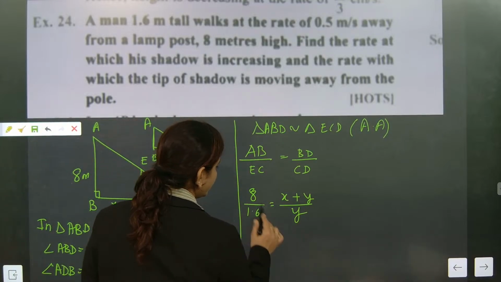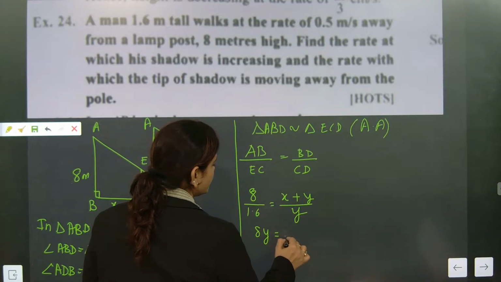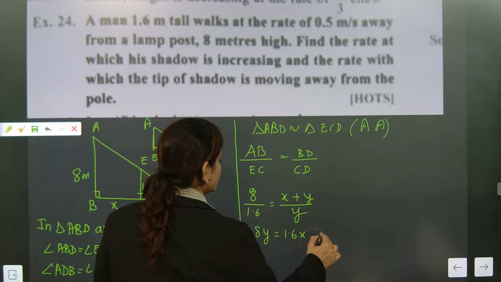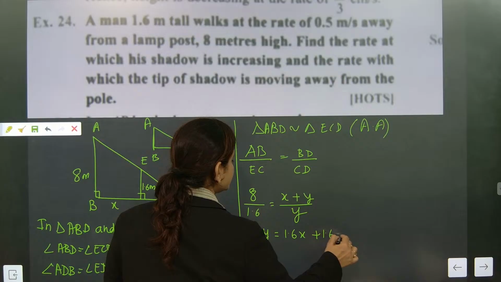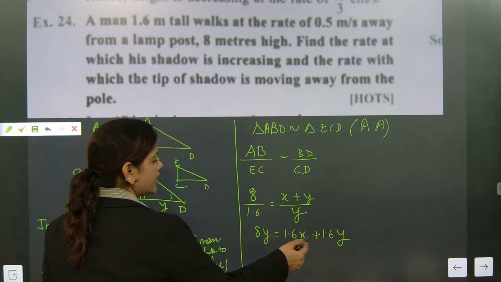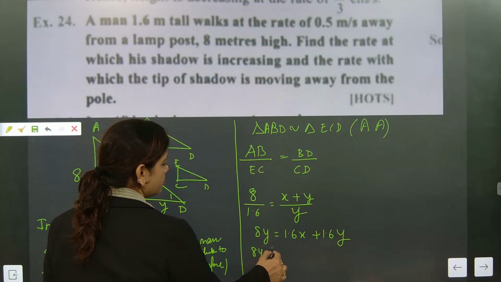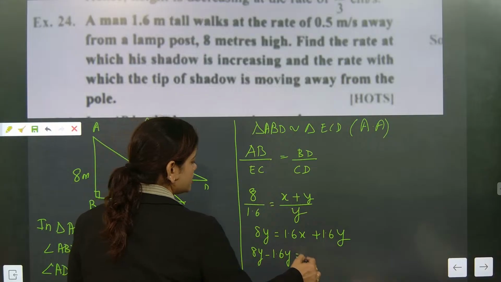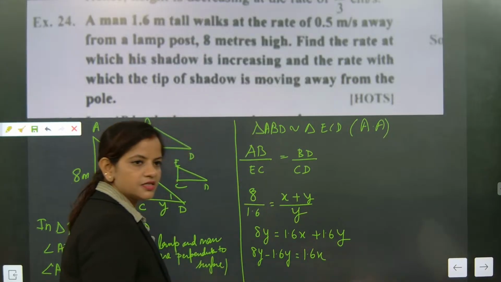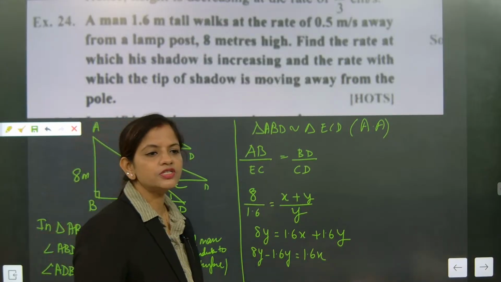So now look at it: 8y is equal to 1.6x plus 1.6y. So with x and y, 8y minus 1.6y is equal to 1.6x. So 8 minus 1.6 will become how much?